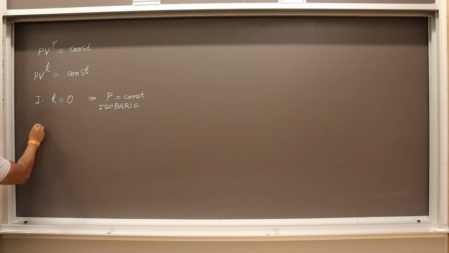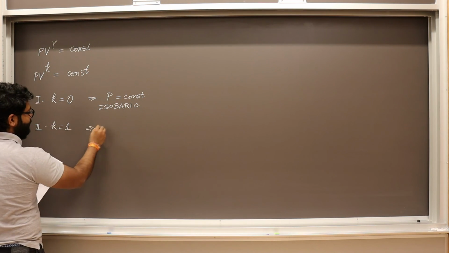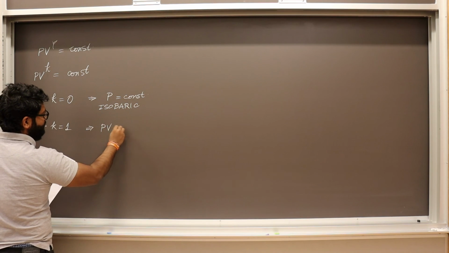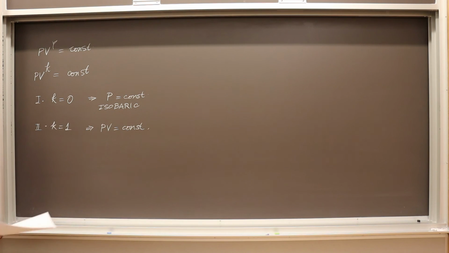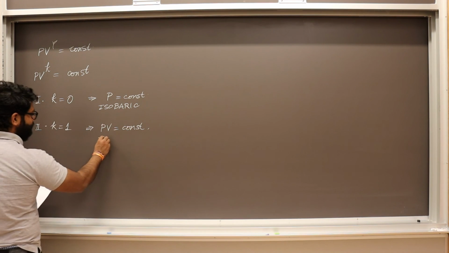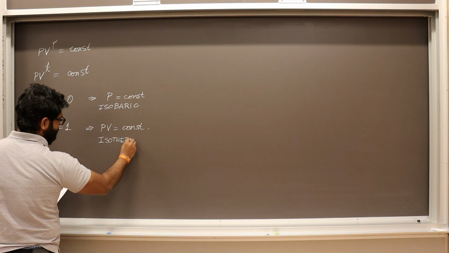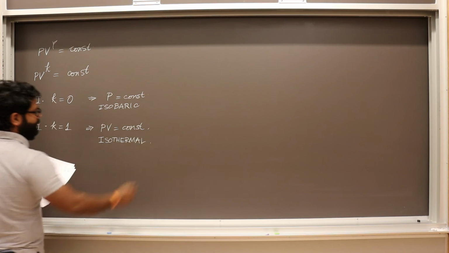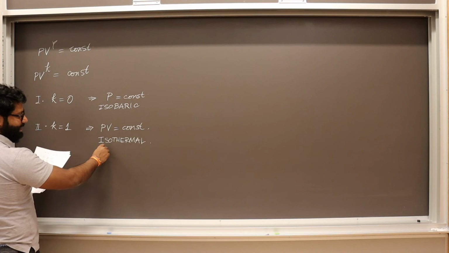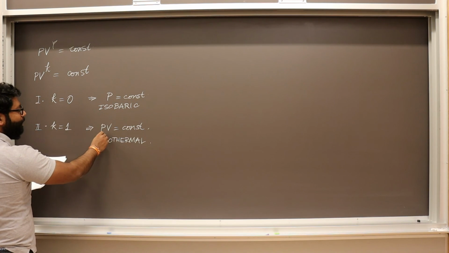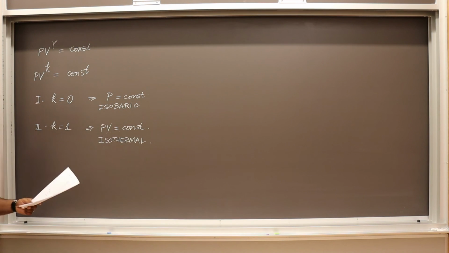Now, if k is 1, this becomes PV constant. What is this process? This is an isothermal process. You can also remember Boyle's law, right? PV was constant, and the temperature was constant. For P times V to be a constant, it has to be an isothermal process.